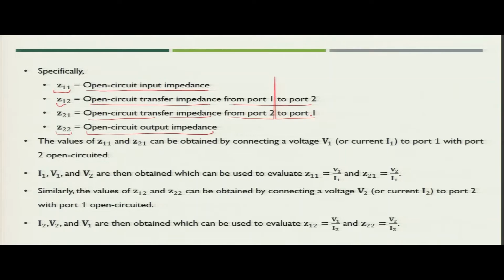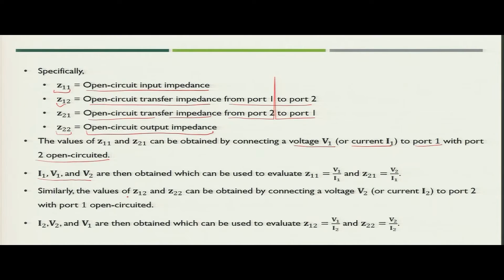2 to port 1. Now, to evaluate Z11 and Z21, you can find the values by connecting a voltage V1 or current I1 to port 1 with port 2 open circuited. Then you find the values of I1, V1, V2, and obtain Z11 as V1 upon I1 and Z21 as V2 upon I1.